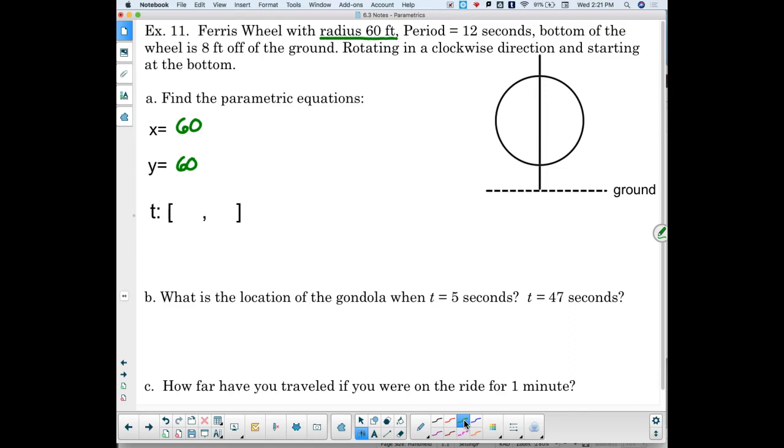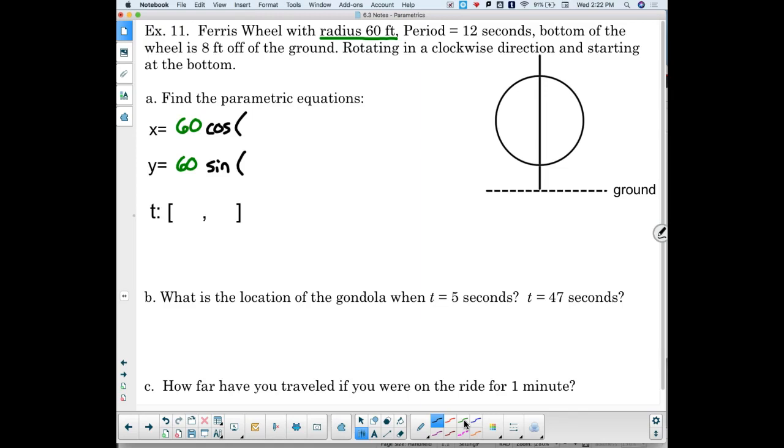Okay, now x is, y is, okay, so that should be the next part. So then this is cosine, and this is sine. With me? Okay. Now, we need to know direction of spin.